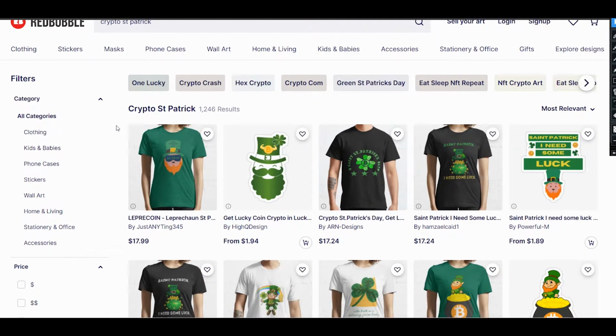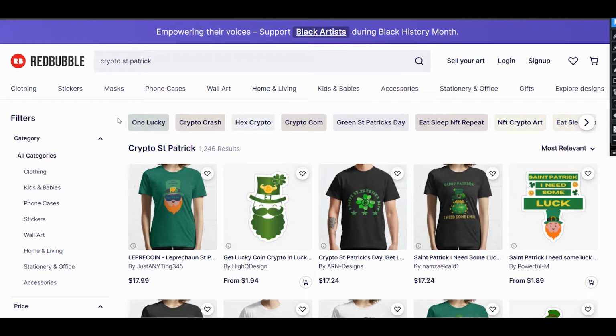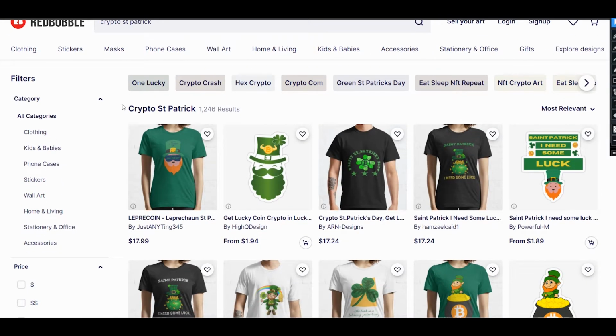And the idea is a connection of two niches. It often works well when you use something from two different niches, and here it is the niche of the holiday of St. Patrick's Day and a niche of cryptocurrencies, NFTs, and other things that are connected with the crypto market.